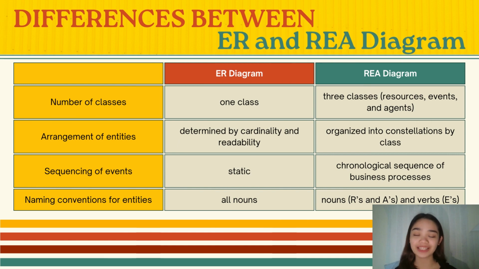Moving forward, ER and REA diagrams also differ in sequencing of events. ER diagrams present a static picture of the underlying business phenomena. Relationships between data are shown through cardinality and associations, but the sequence of activities that determine the cardinality and associations is not clearly represented.